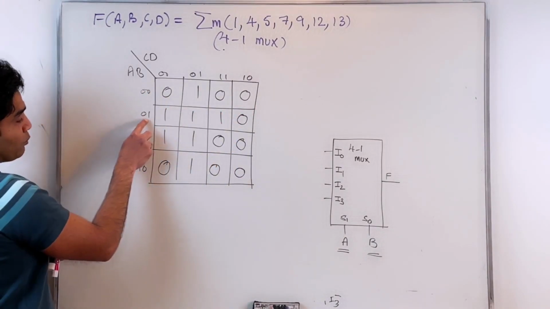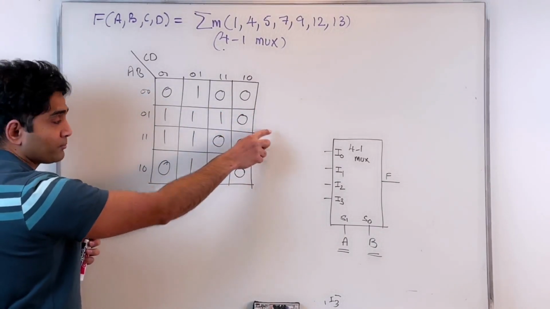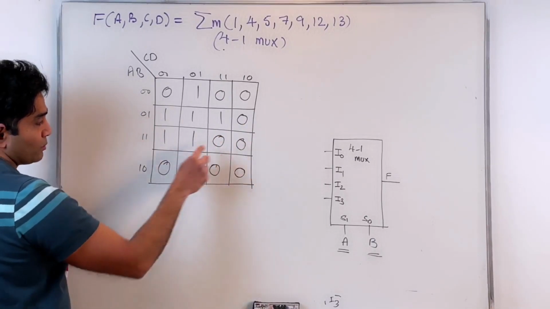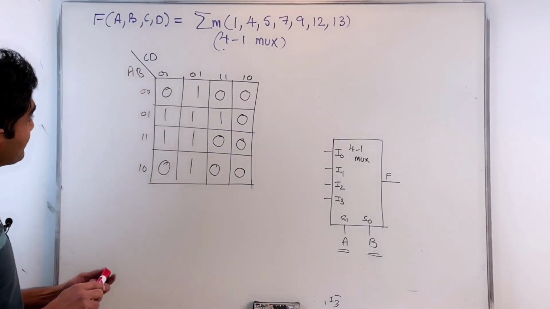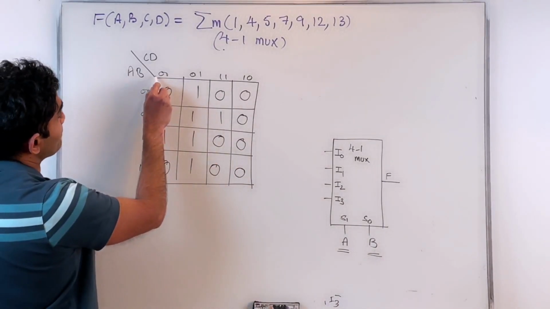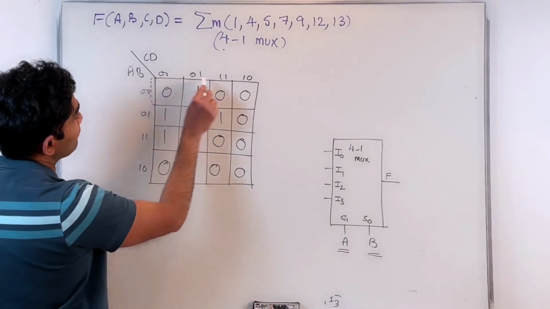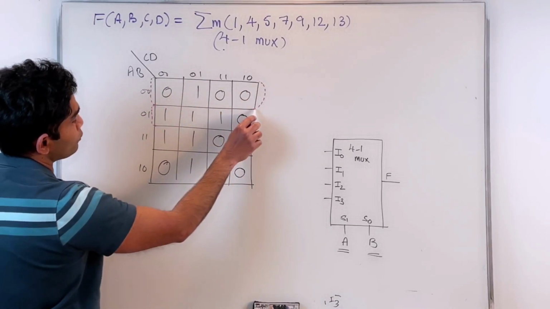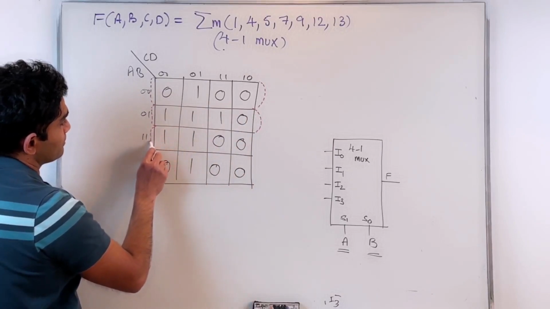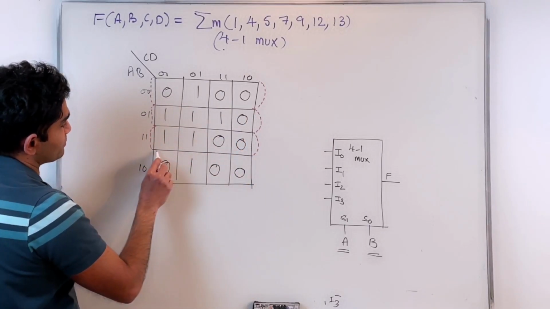A and B of 0, 1 is constant across this entire row. 1, 1 is constant across this row, and 1, 0 is constant across this row. So I would divide this K-map into these individual rows. Each of these rows now functions as an individual K-map, or you can call them sub K-maps.